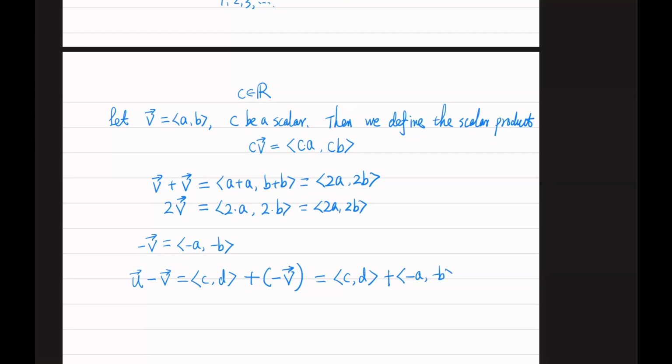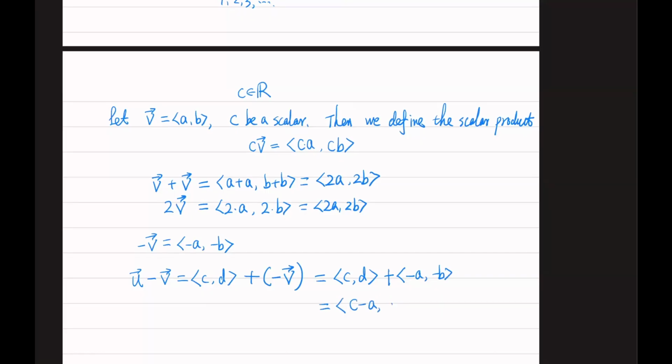Okay, this is how we do the vector subtraction. It turns out to be just the difference of the coordinates.